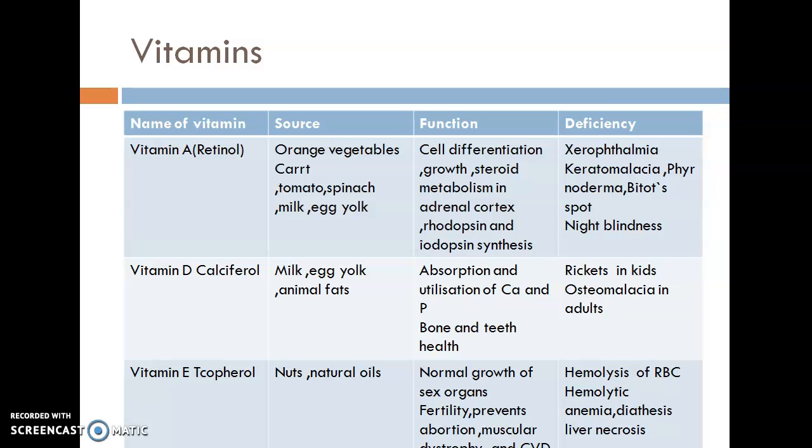Now, the major sources of vitamin A are orange and yellow vegetables like carrot and tomatoes, and also egg yolk, milk, and green leafy vegetables. But the rich source of vitamin A is orange vegetables, which includes carrot, that you can remember very easily.